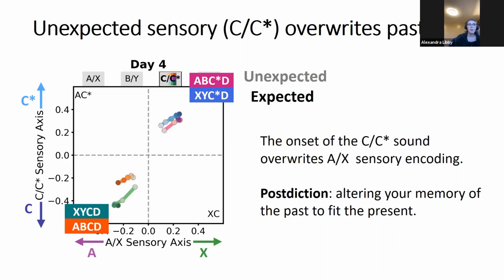And you're correct, relative to where it is right before C comes on, it does move a lot when C/C prime comes on. But if you look at the 1D projections, which I can also show you after the presentation, it's generally the same amount of encoding as was during the AX period. Okay. I don't know if that answers your question.